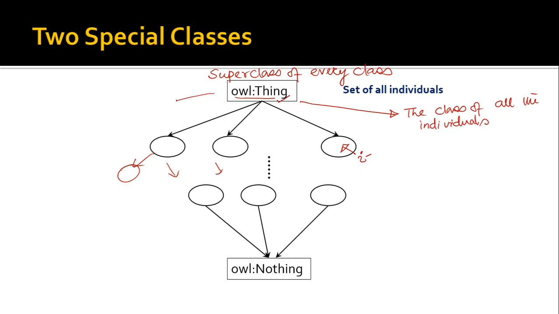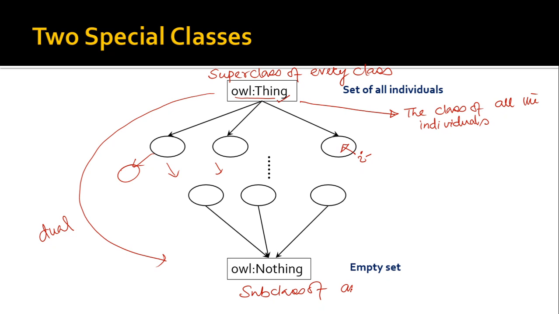The dual of this thing class is OWL nothing. It is basically the complement of OWL thing. This OWL nothing is basically an empty set. It does not contain any individual, and you can see that this OWL nothing class is a subclass of any class. As we consider OWL thing to be the superclass of any class, OWL nothing is the subclass of any class.